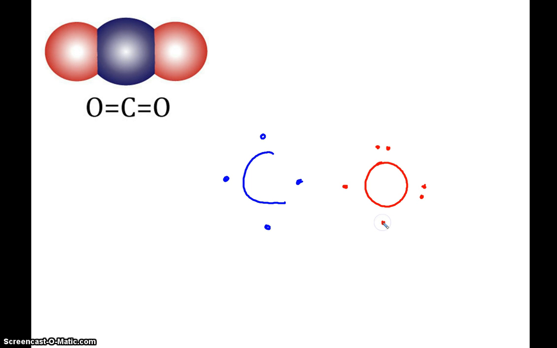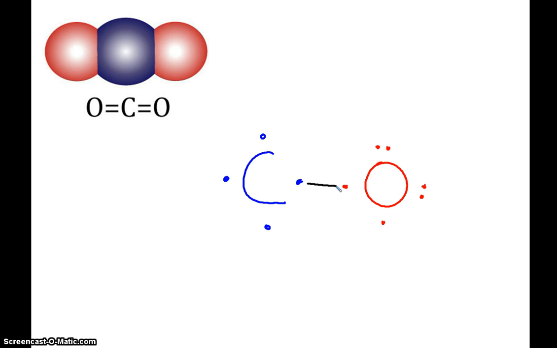Now, how many additional electrons does carbon want? Well, it wants to gain 2 more. Where do you think they can come from? Well, let's look right here, and those 2 electrons, one from carbon, one from oxygen, can form a bond.